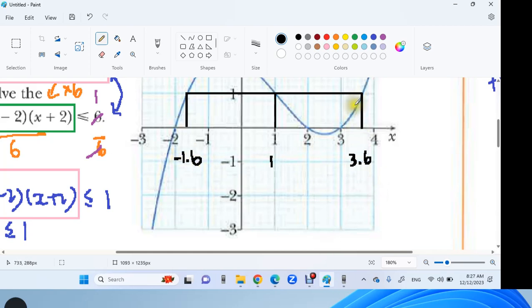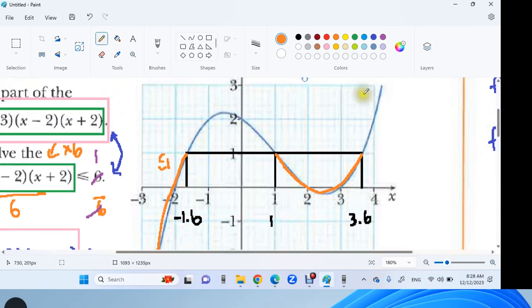This is the part that is 1. The question is y less than or equal to 1. So we can observe that for this part it is less than or equal to 1, and for this part also it is less than or equal to 1.